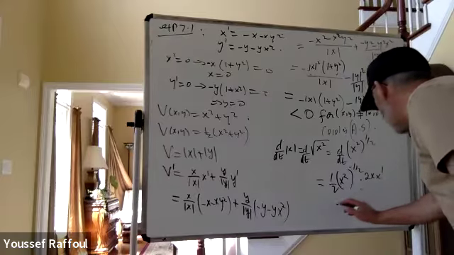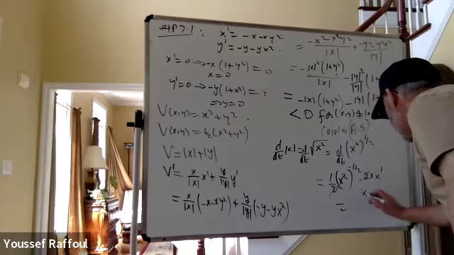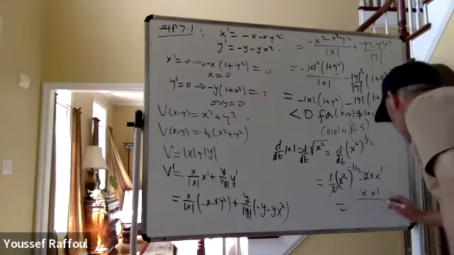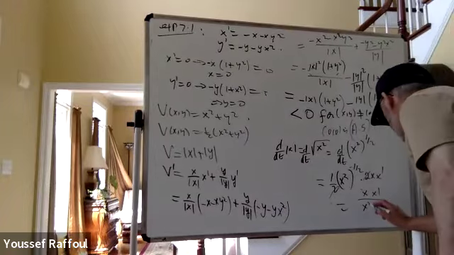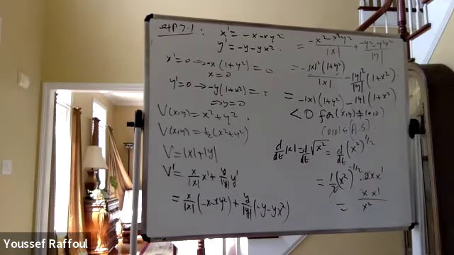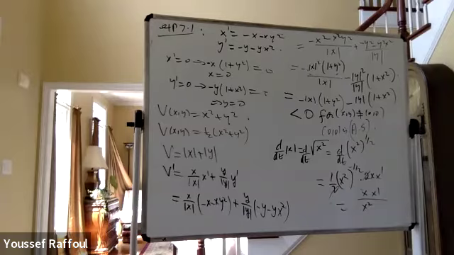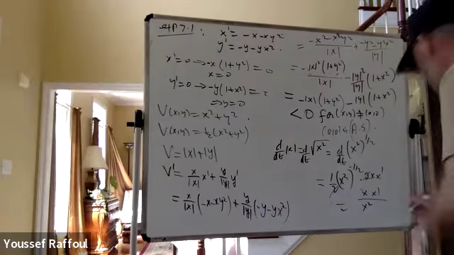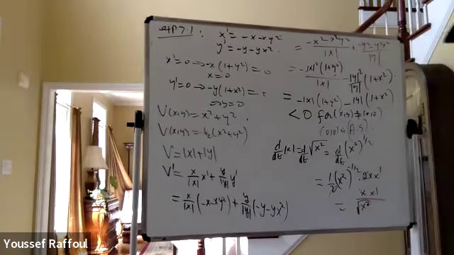So if I work on this, the 2s cancel, so I have x x prime over the square root of x squared, right?